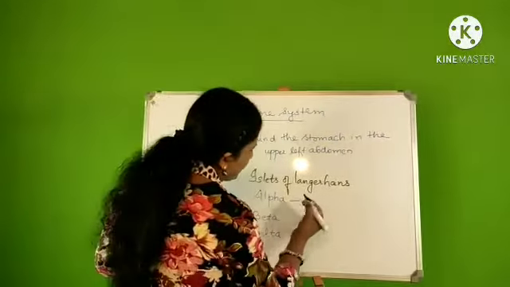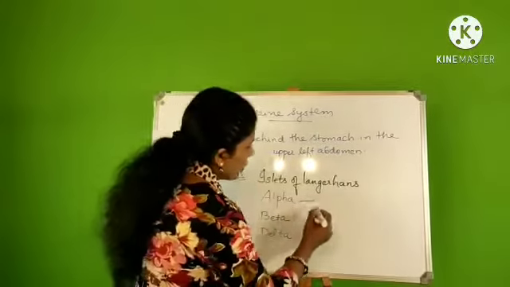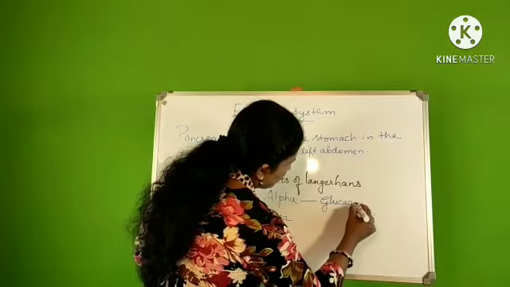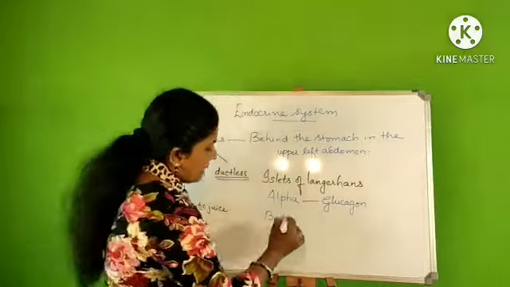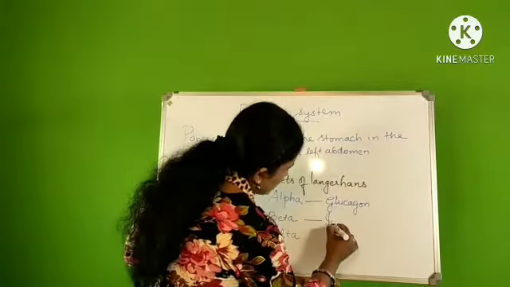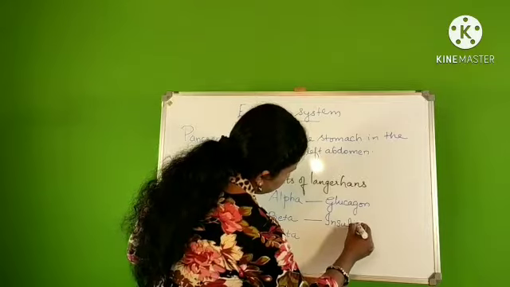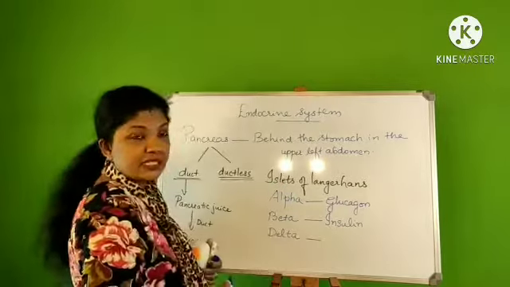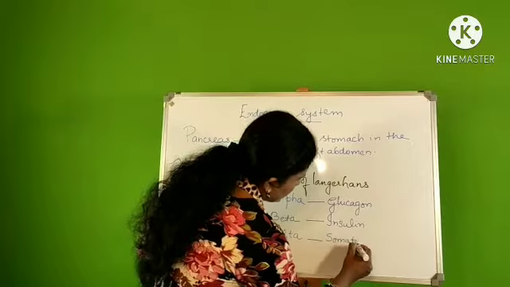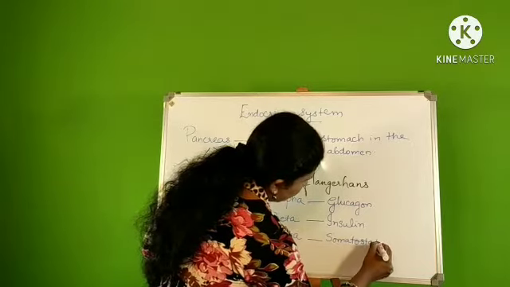Alpha cells secrete a hormone called glucagon. Beta cells secrete a hormone called insulin. And delta cells secrete a hormone called somatostatin.